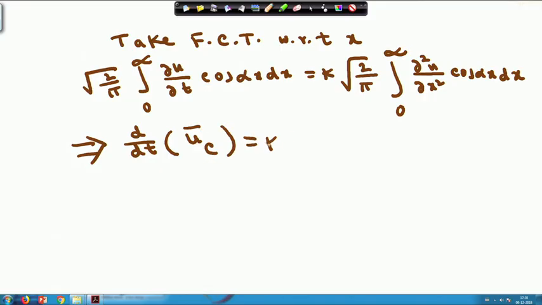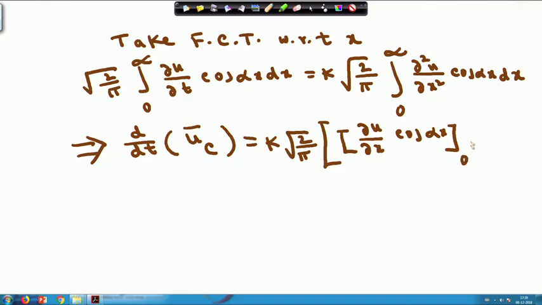This equals k into root over 2 by pi into, if you use integration by parts, del u del x into cos of alpha x from 0 to infinity plus alpha into integral 0 to infinity del u del x into sine of alpha x dx.